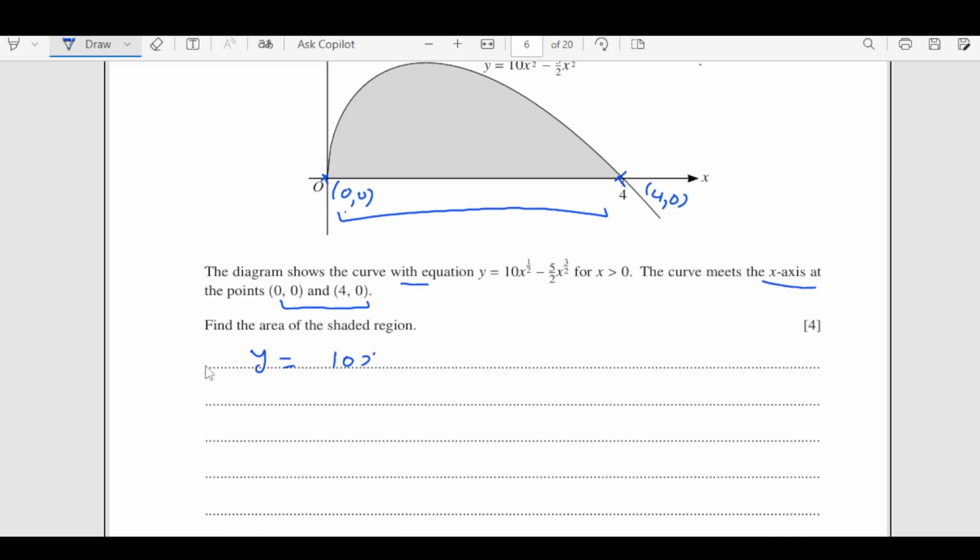The curve is 10 x power half minus 5 over 2 x power 3 over 2, right. Now we are looking for the integration, so we are going to integrate y dx. That is going to be the integral of 10 x power half minus 5 over 2 x power 3 over 2 dx, right.